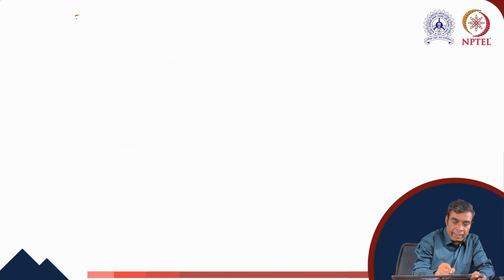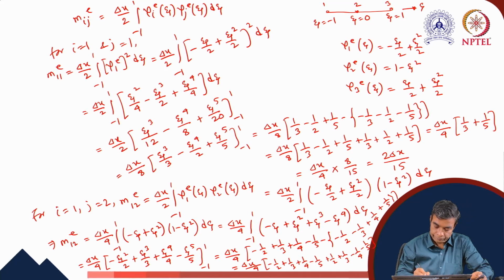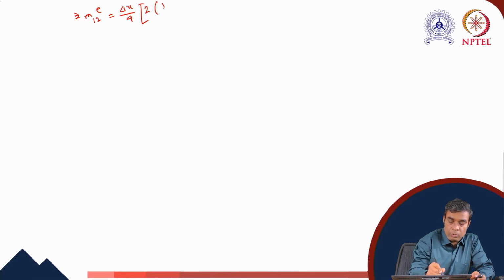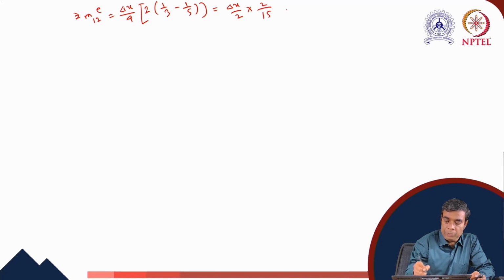So this can be written as M12^e equals Δx by 4 into 2 into 1/3 minus 1/5. This can be simplified as Δx by 2 into 2 by 15 equals Δx by 15.